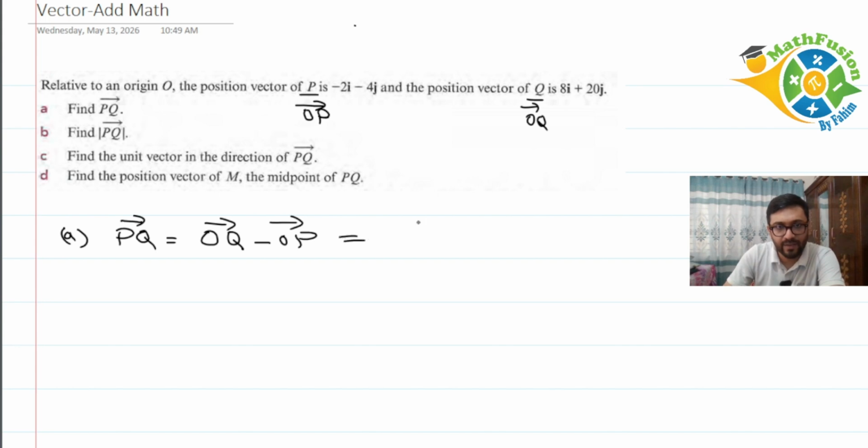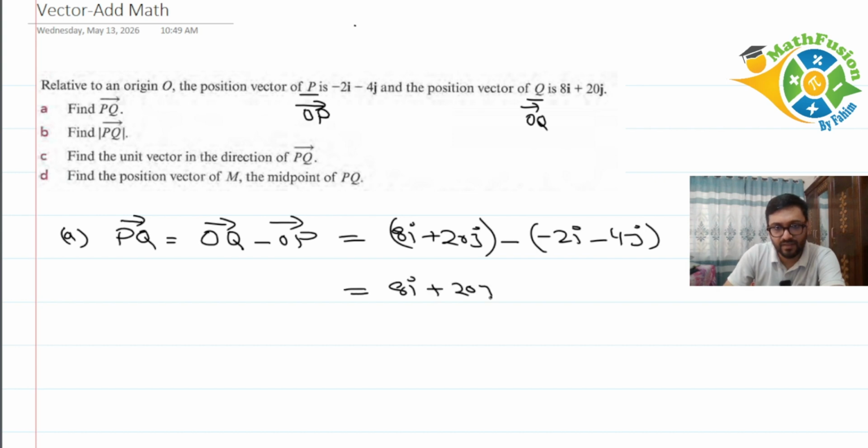So if we replace the value of OQ, which is 8i plus 20j, minus OP, minus 2i minus 4j. If we subtract this, we just change the sign here.